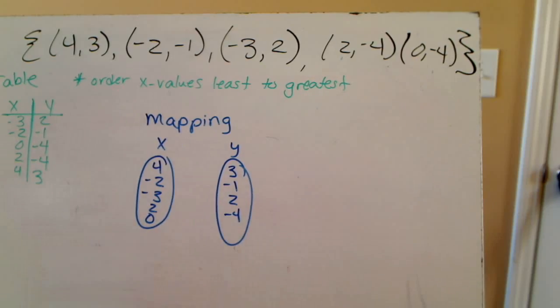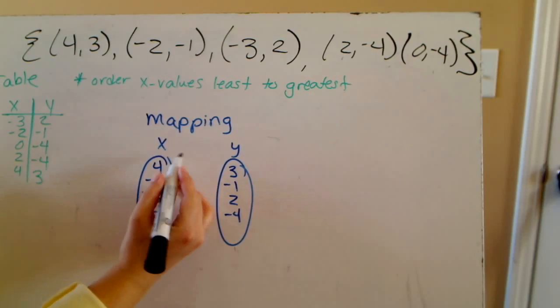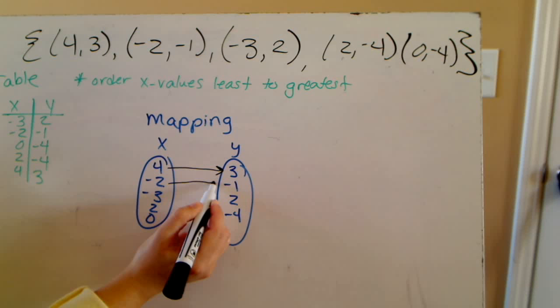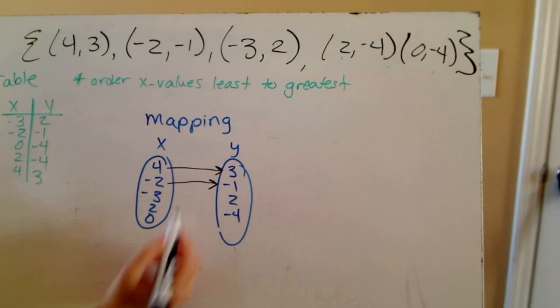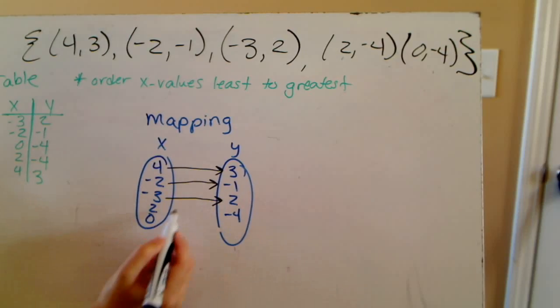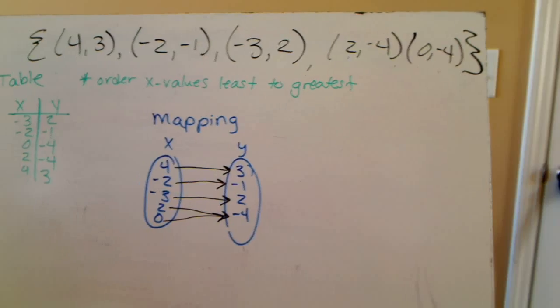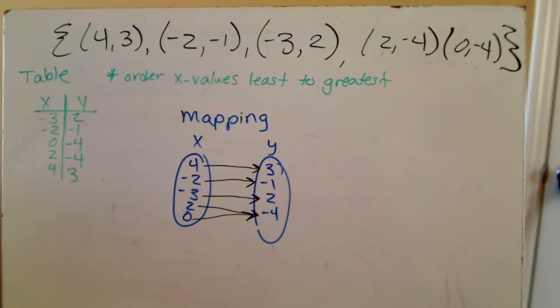The last part of mapping is to draw the arrows that connect the 2 ordered pairs together. So 4 goes with 3, -2 with -1, -3 with 2, 2 with -4, and also 0 with -4. So -4 should have 2 lines going to it. And then that would represent our mapping.